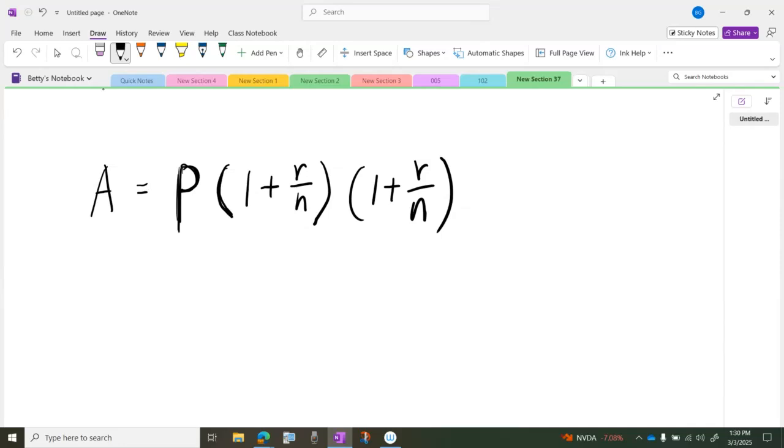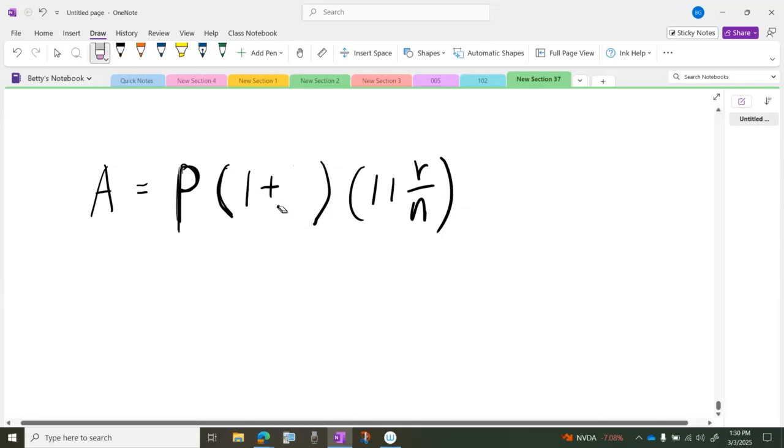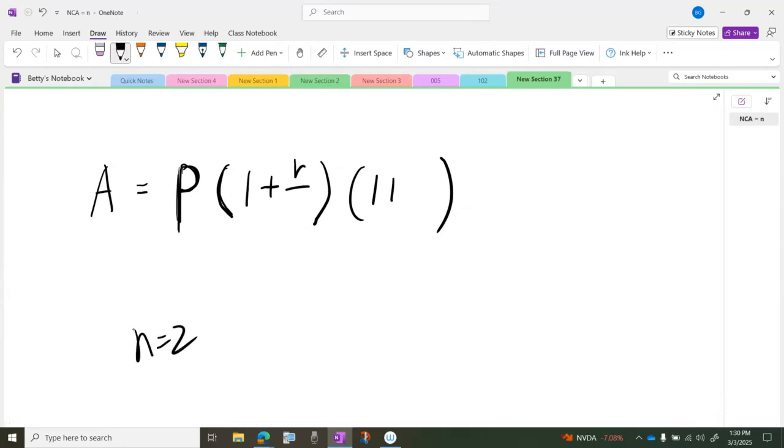Let's say n equals 2, then the compounding factor is 1 plus the semi-annual interest rate, all right?